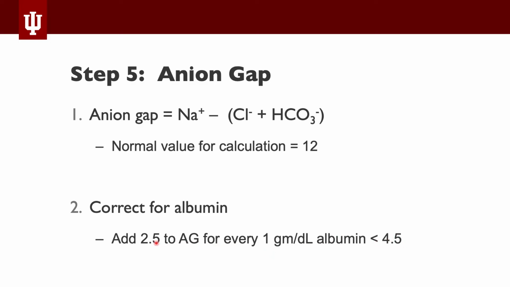So we are going to add 3 times 2.5, which is 7.5 onto our anion gap. So our new anion gap would be 8. The reason we do this is because albumin is actually net negatively charged, and so it is one of our main unmeasured anions. So you have to correct for albumin if it's very, very low. Otherwise, you could really miss an anion gap acidosis. Look at this. We'll try to dig into it in terms of problems.